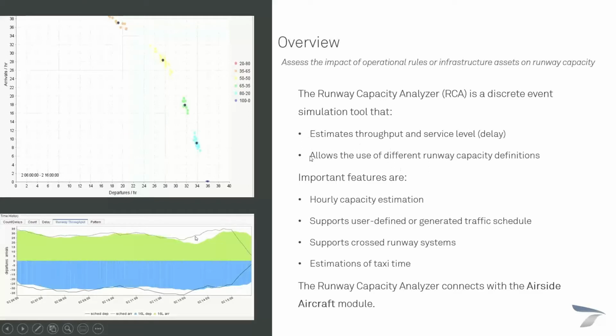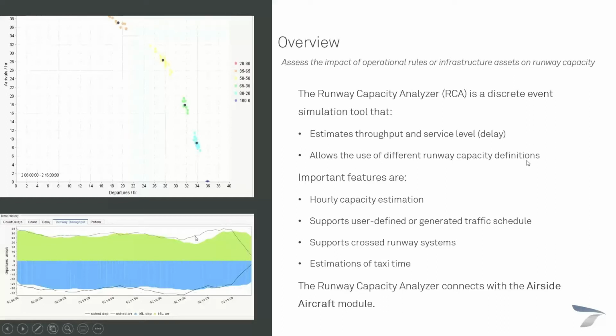Okay. The next element that I want to discuss is that it allows you to use different runway capacity definitions. Some airports might assume that runway capacity is the maximum number of aircraft that you can handle in 1 hour at constant demand. Okay, that's one capacity definition. But another definition of capacity is how many aircraft an hour can you handle while also maintaining a minimum service level or a maximum delay.